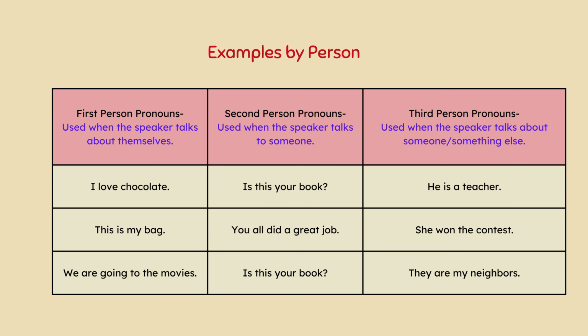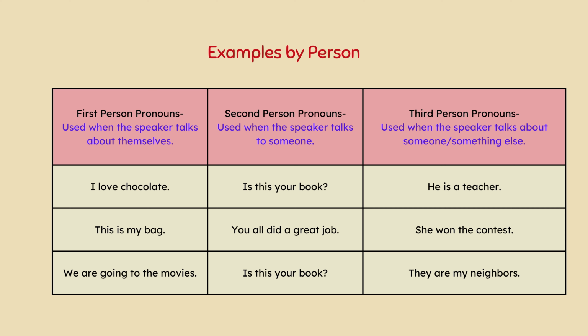Let's now look at how personal pronouns are used based on person. First, second, and third. First-person pronouns are used when the speaker talks about themselves. Examples: I love chocolate. This is my bag. We are going to the movies. Second-person pronouns are used when the speaker talks to someone.